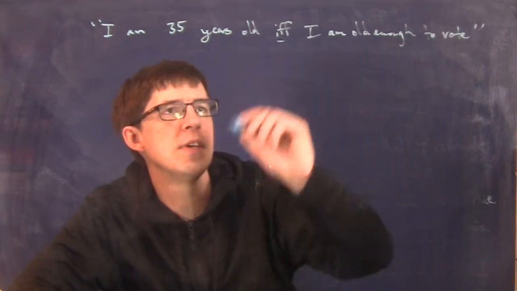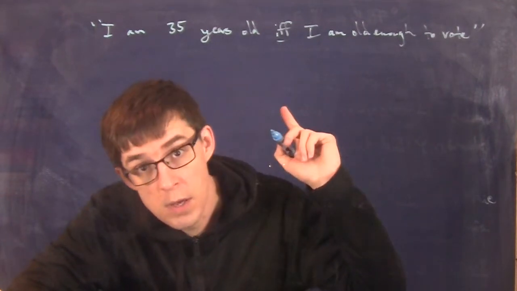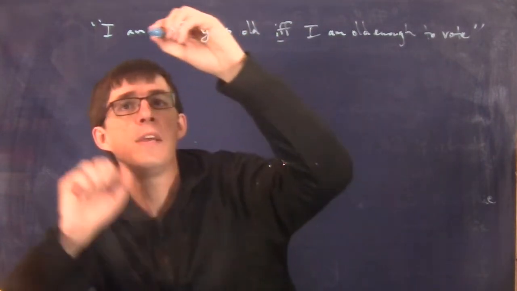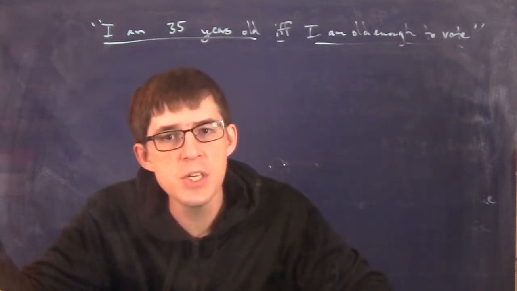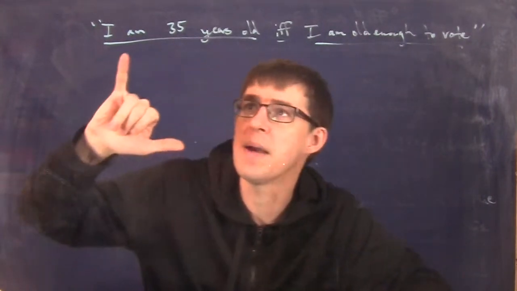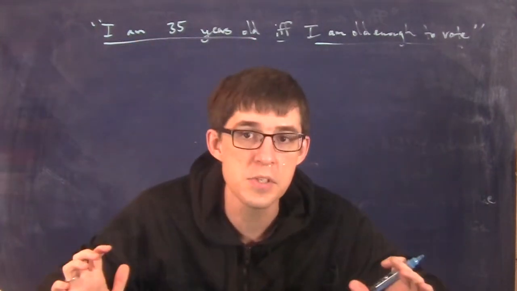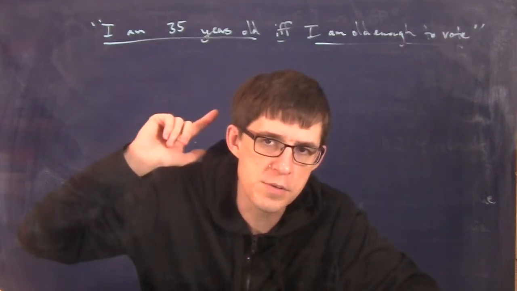What I want to get at is, am I correctly using the phrase if and only if or not? The answer is false. We've got to compare this one and this one. Are they logically equivalent? If I say I'm old enough to vote, is that the same as saying I'm 35 years old? The answer is no. If you say I'm old enough to vote, it doesn't necessarily mean that you're 35 years old.